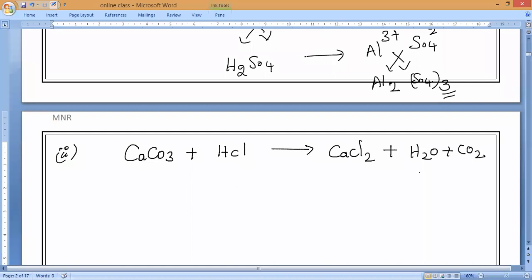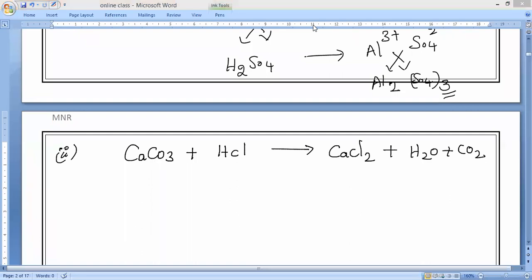Balancing this equation is very simple, and it can be done in a single step.